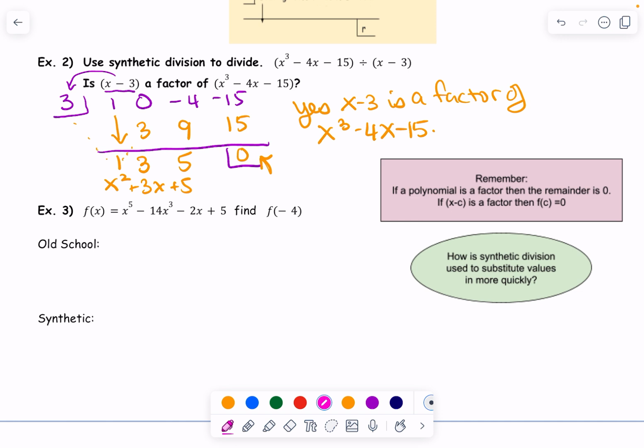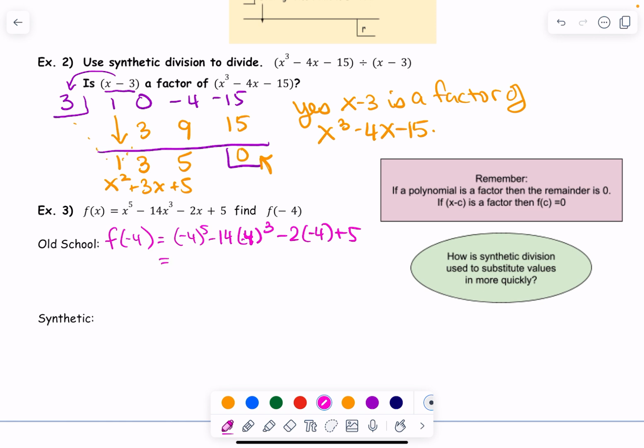Okay, so let's talk about the old way to substitute, because we're going to now relate synthetic division to synthetic substitution. So our old way to substitute would be putting a -4 everywhere that we had an x for f of -4. So this would be -4 to the 5th power minus 14 times -4 cubed minus 2 times -4 plus 5.